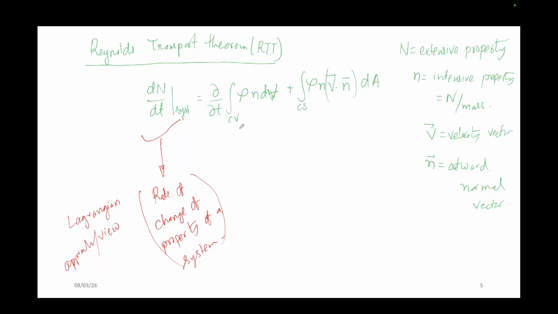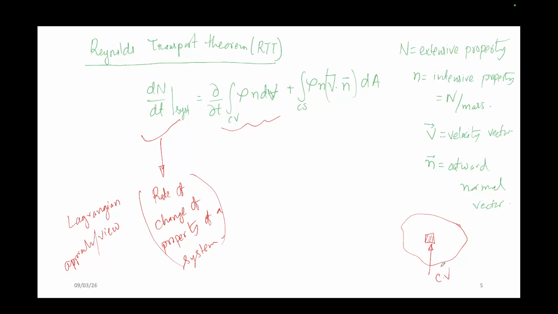Okay. Now on the right hand side, what is there? This first term is the control volume. CV means control volume. Whenever there is a term, say this is the block, this small part is known as the control volume, right?